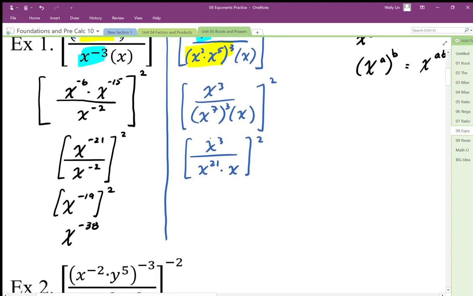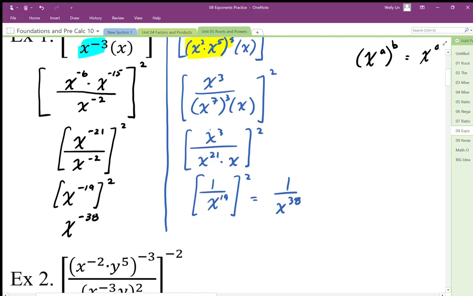So I have 3 multiplies, 22 divides, so that means I have an extra 19 divides. So I'm going to write that as x to the power 19 in the denominator. And that works out to be 1 over x to the power 38 when I apply the square onto that. Okay, and these are exactly the same. That means I'm dividing by x 38 times. Here I'm dividing by x 38 times as well.